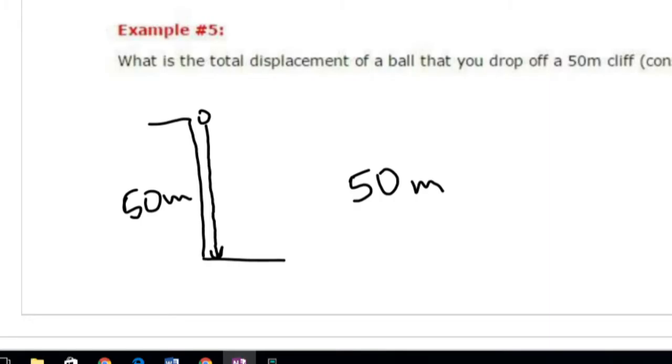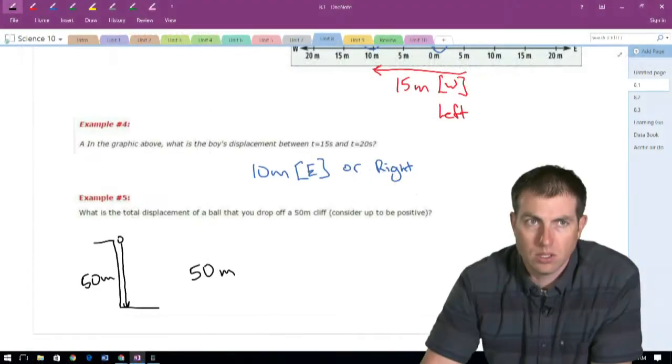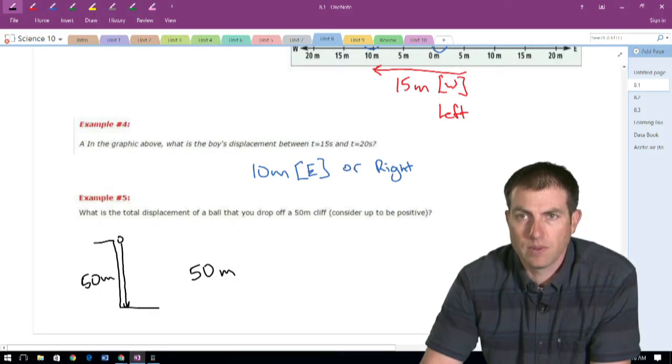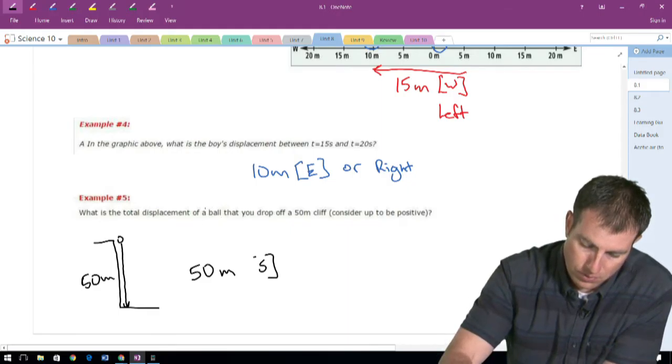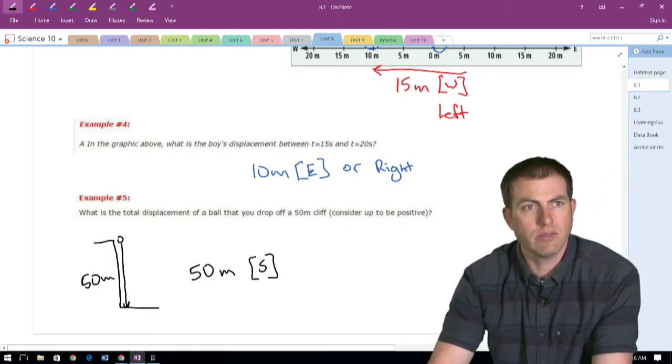What sort of direction am I going to give this? I have to include a magnitude, 50 meters, and I want to include a direction. So what sort of direction could I give this ball that fell off a cliff? I could call it south. Is there something else I could give it instead of south?